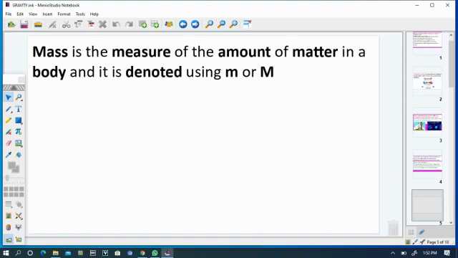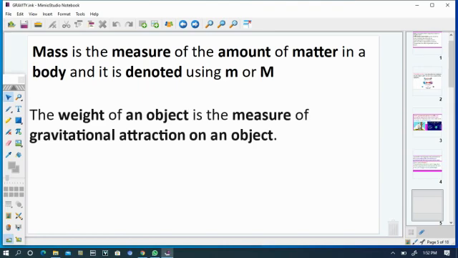Mass is the measure of the amount of matter in a body, and it is denoted using small letter m or capital letter M, while the weight of an object is the measure of gravitational attraction on the object. It can be measured using a unit called Newton.